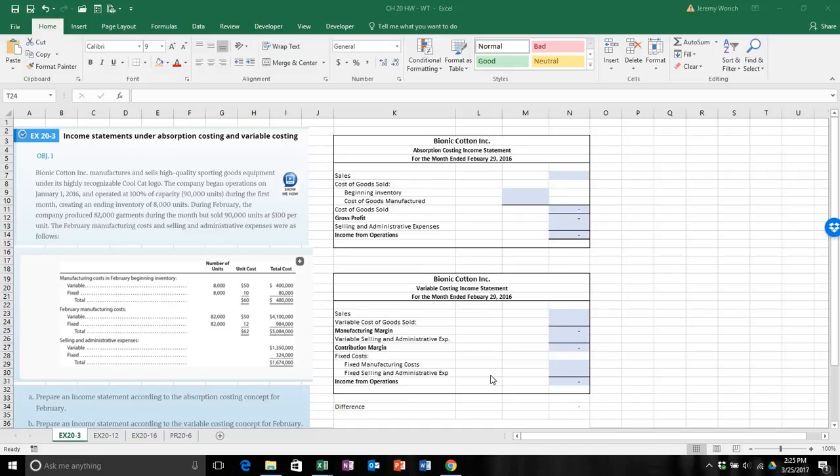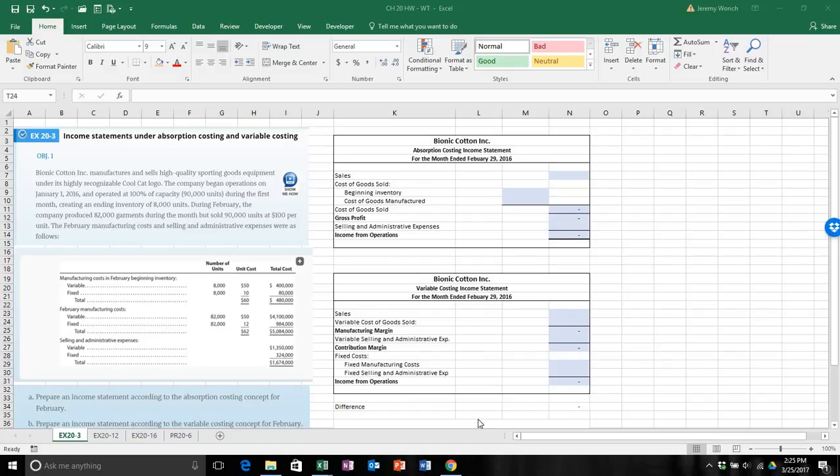With variable costing, it's not necessarily called cost of goods sold, it's more of a cost of goods manufactured. We take our direct materials, our direct labor, and just the variable factory overhead, and we separate out the fixed overhead and fixed manufacturing costs. Instead of putting them into inventory and expensing them when we sell the goods, we treat them more like a period cost and expense them as soon as they're spent. So let's jump in and start doing 20-3.